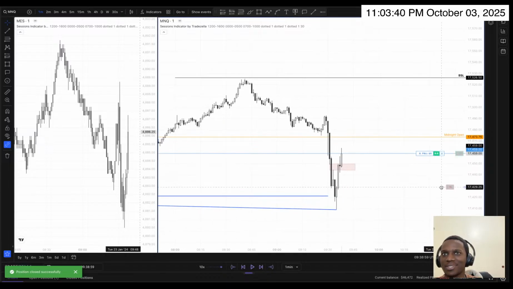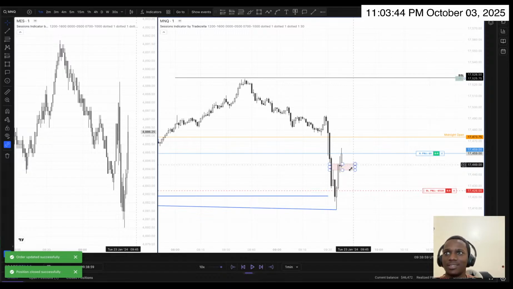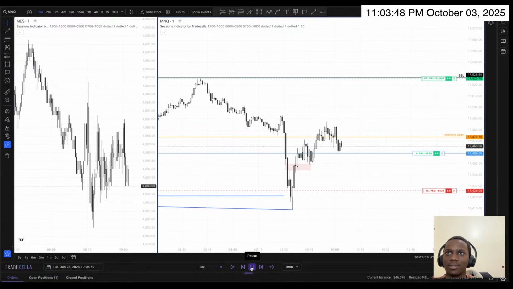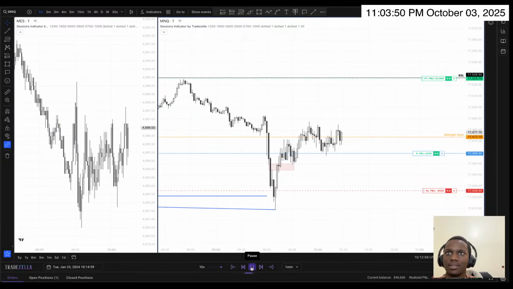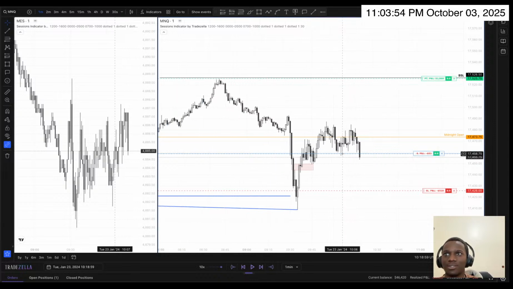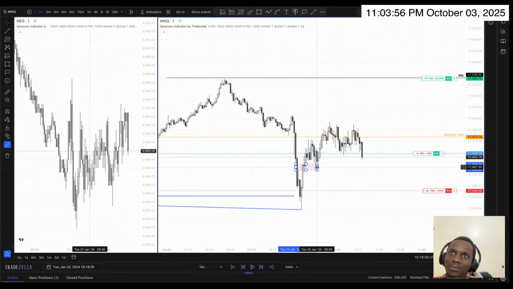Closing pressures. That's something that you're not actually doing. Let's just sit and wait. Okay, after this consolidation, we've already seen much of what could happen.